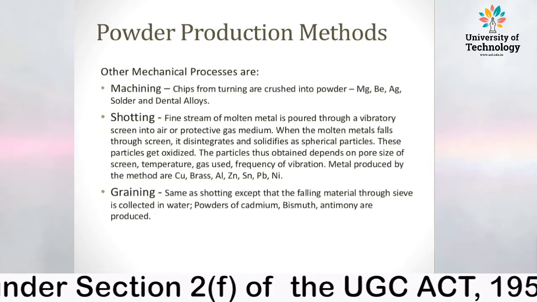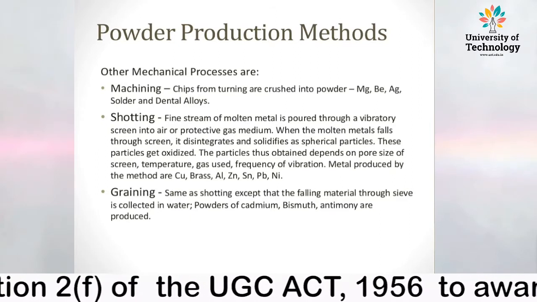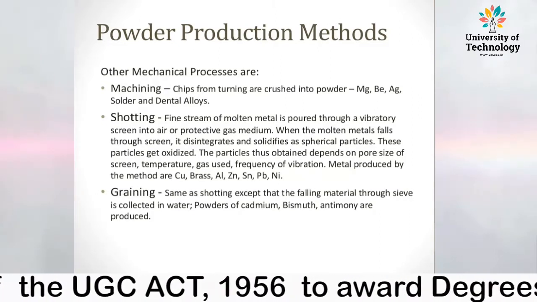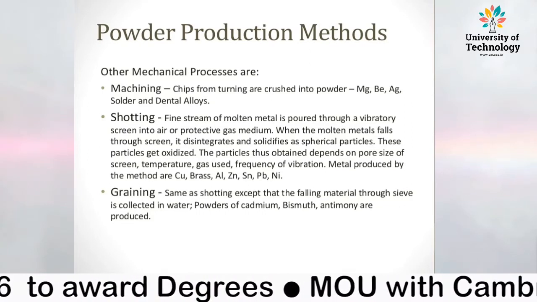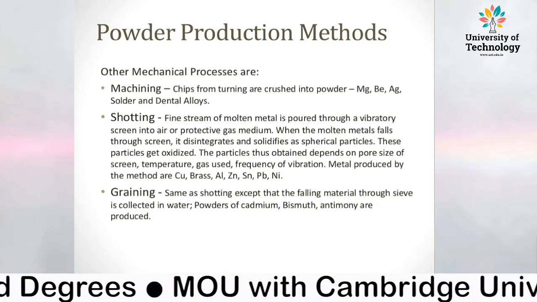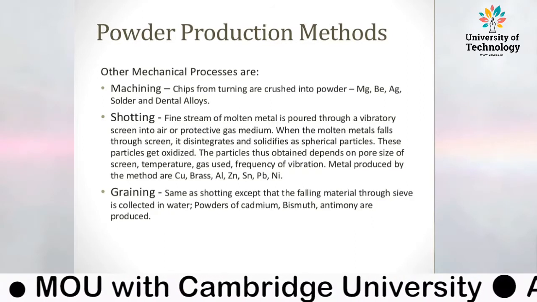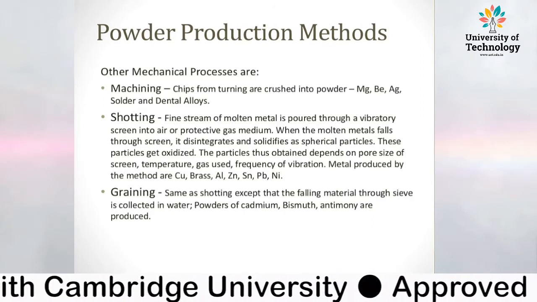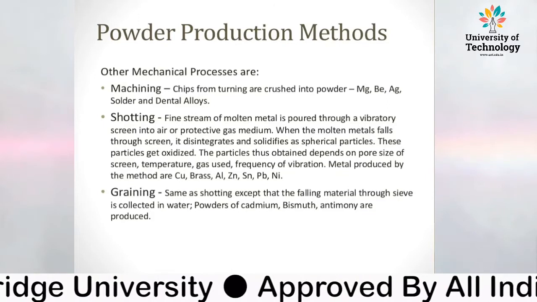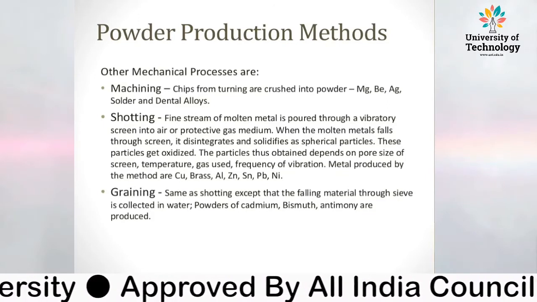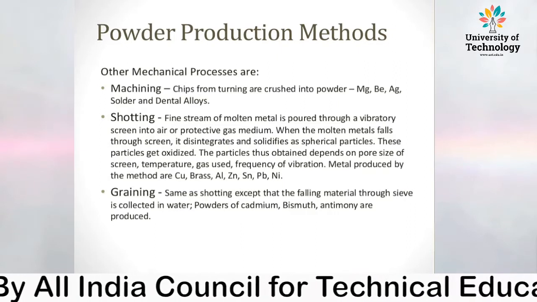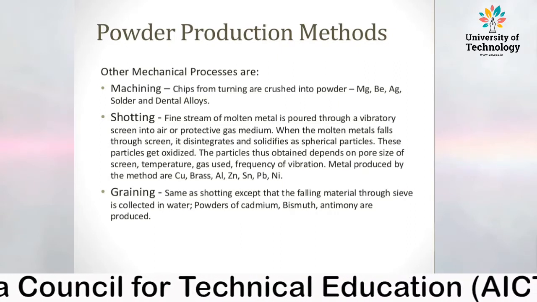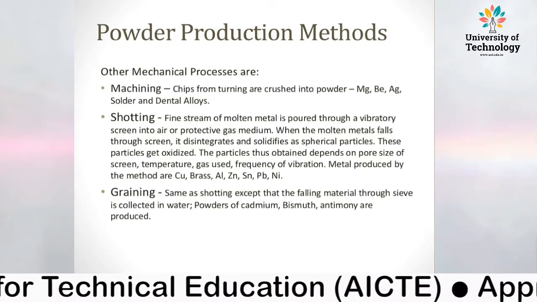Second one, shotting. Shotting is the process where a fine stream of molten metal is poured through a vibratory screen into air or a protective gas medium. When the molten metal falls through the screen, it disintegrates and solidifies as spherical particles.